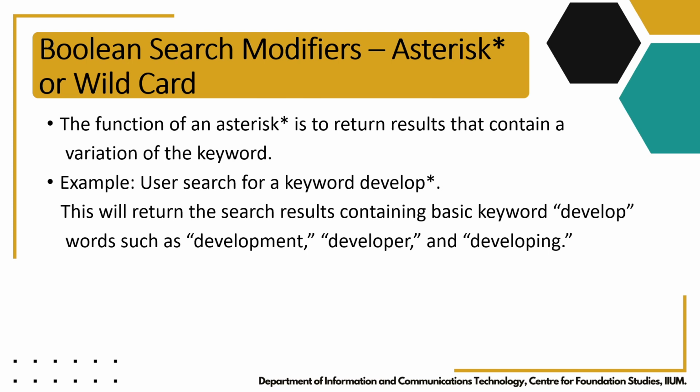The asterisk is often used as a wildcard character in Boolean search modifiers. So when used in a search query, the asterisk represents any combination of characters or words, allowing for more flexible and extensive searches.